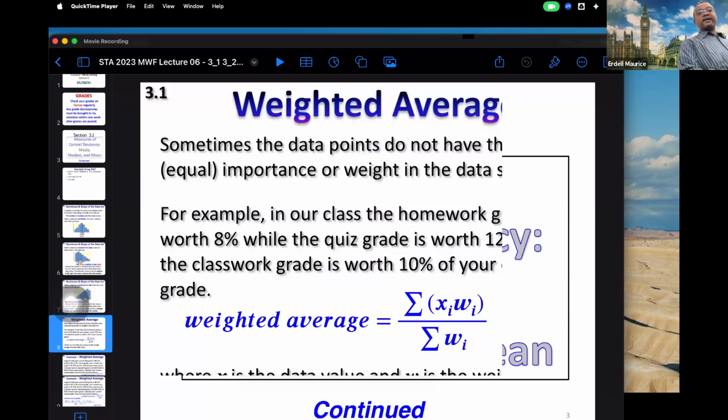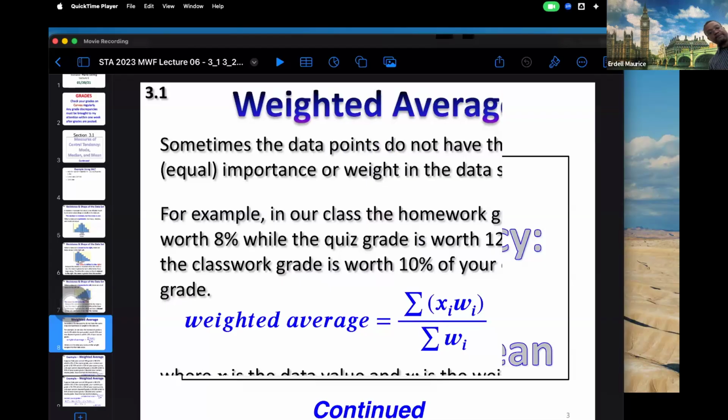The one thing we need to get to right here is something called the weighted average. In the weighted average, we do not simply add all the numbers up and then divide by the number of numbers. Instead, we apply what is called a weight. A weight is a numerical value or a percentage that we multiply each score by to make some scores more important or more valuable.